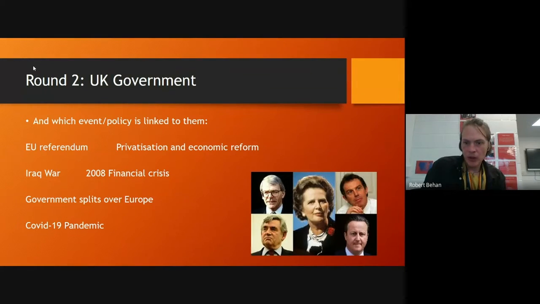Here we've got a few historical occasions and policies: the EU referendum, privatization and economic reform, the Iraq war, the 2008 financial crisis, government splits over Europe, the COVID-19 pandemic. What are these prime ministers remembered for? Which event is linked to which prime minister?